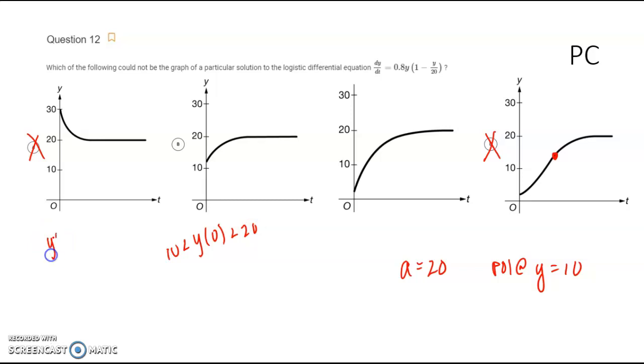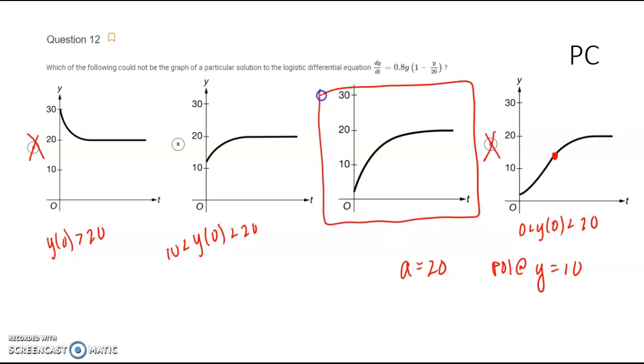In part A, my initial population was greater than 20. It appears from the graph it's actually equal to 30. We can even see it there. On part C, my initial population is somewhere between 0 and 20. C has to be the answer because the initial population is below 10, but no point of inflection occurs.